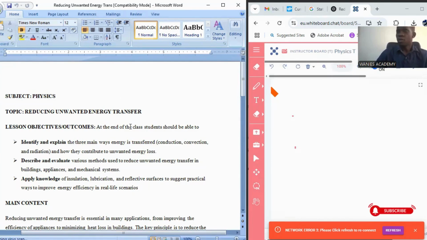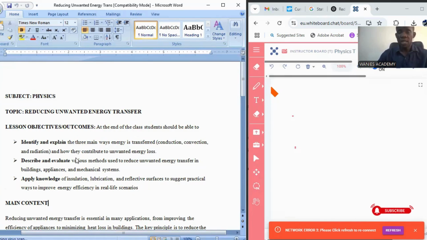And so, looking at that basic law that governs the way energy is transferred and used, we discover the question: how do we now reduce unwanted energy? In the other class, we also talked about the way energy is transferred using the Sankey diagram and the energy transfer diagram.